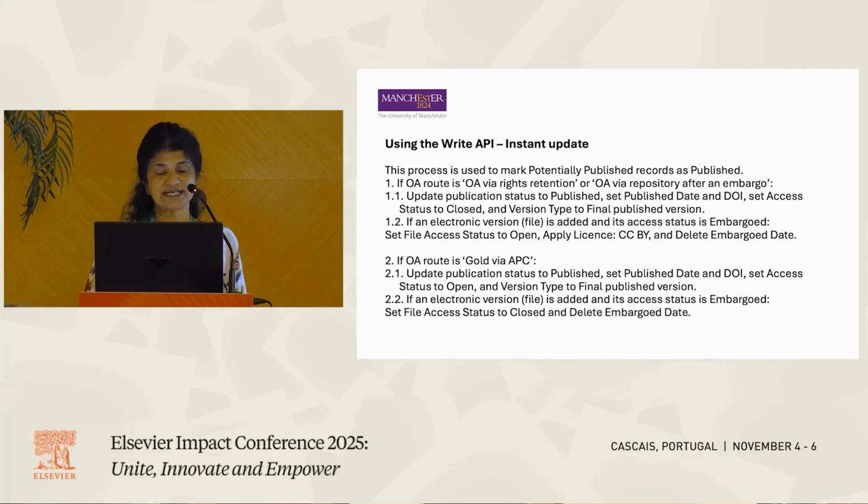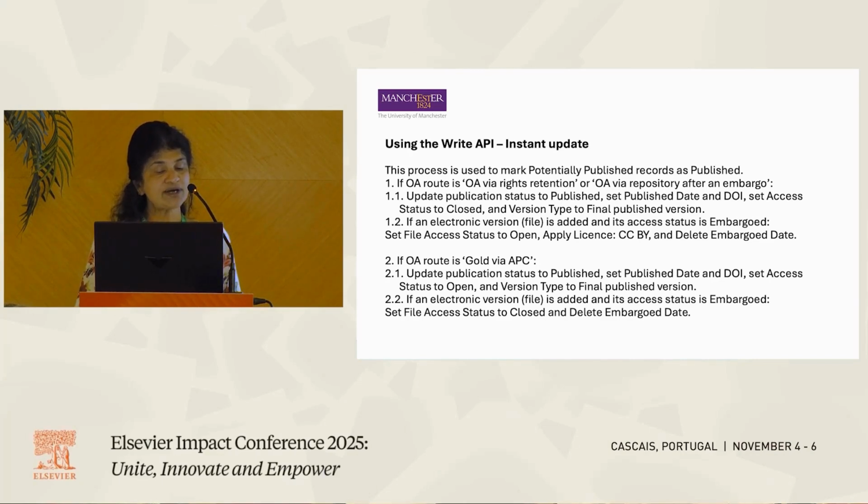If the route is Write retention or repository after embargo, we update the publication details, including status, date, DOI, access status, and version type. And if there's an embargoed file, we open the file and apply the CC BY license and remove the embargo date.